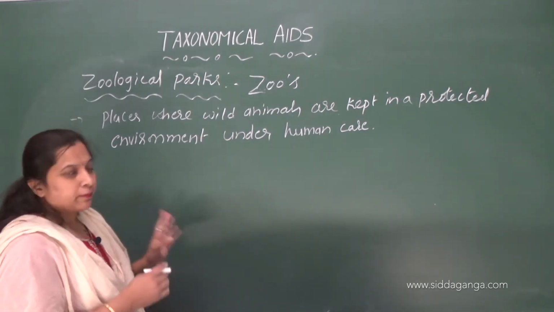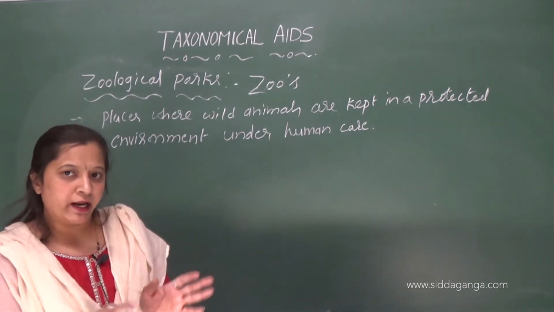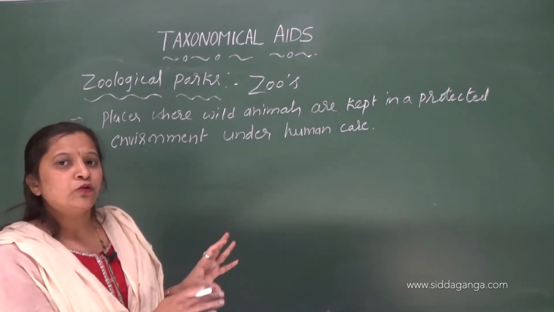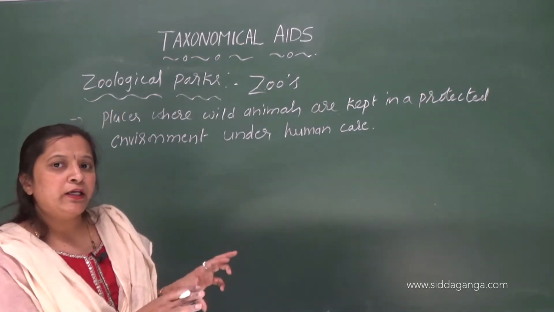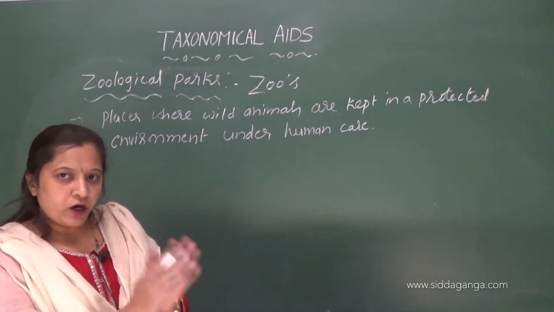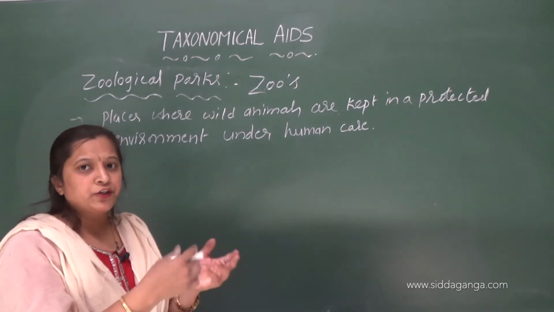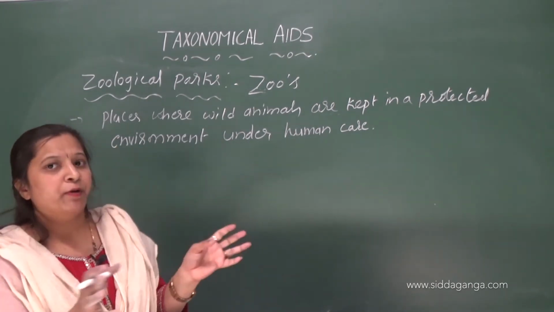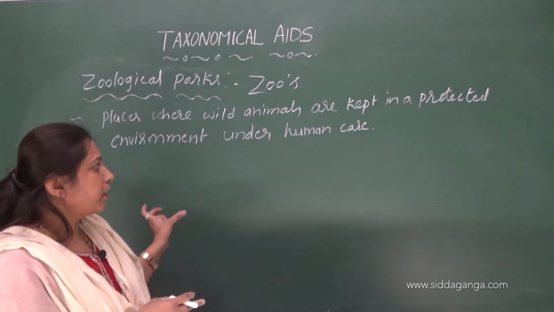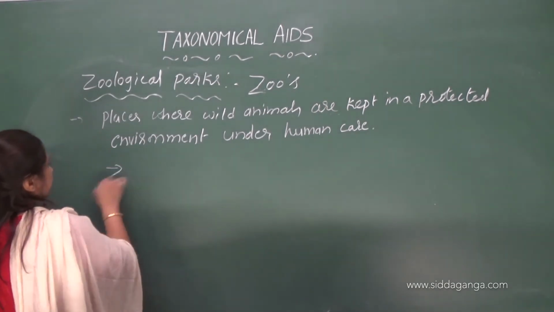Here they are meant for providing knowledge and for recreation purposes also. They provide entertainment also. And the animals in a zoo are given the same conditions as their natural habitat. The animals which are going to be endangered in the future are protected in the zoological parks under human care.